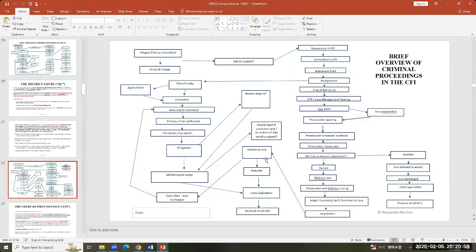So actually, the jury are never told anything throughout the trial about the maximum sentence that the accused can receive if they convict him. They're not told about what the likely sentence is. I remember many years ago, one of my friends sat in a jury trial in a very serious robbery case.